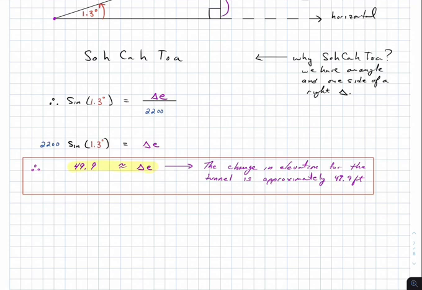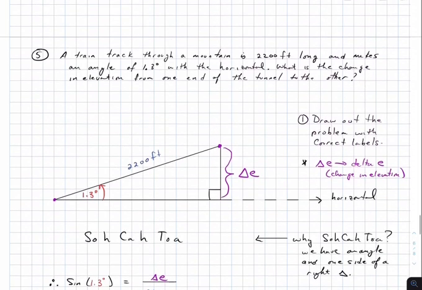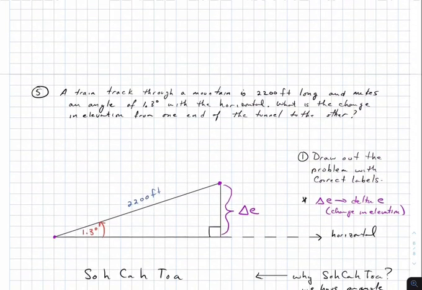Okay, well, that's great. 49.9 is delta E. Well, 49.9 what? Right? It doesn't have any units. It really matters to have these things. So the change in elevation for the tunnel is approximately 49.9 feet. A statement like that, again, sums up what we were asked to find.